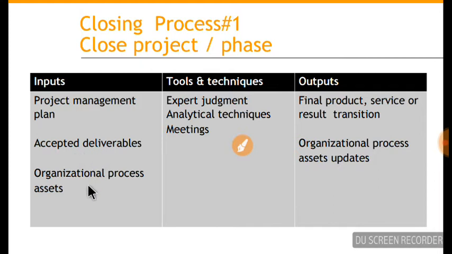Then organizational process assets, which could be anything we discussed earlier. Then tools and techniques: expert judgment, that is the expertise of the person, analytical techniques, which we will discuss, and meetings. The analytical techniques include test results and weighted averages, those kinds of things.